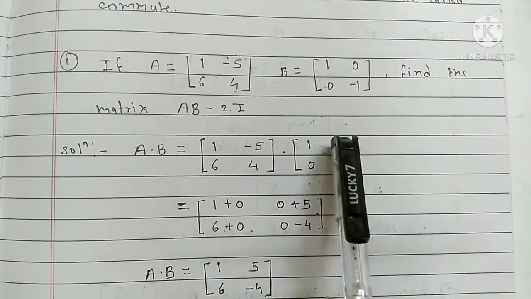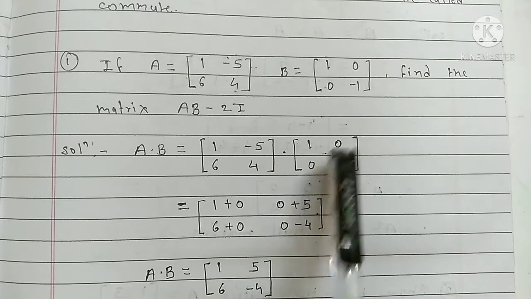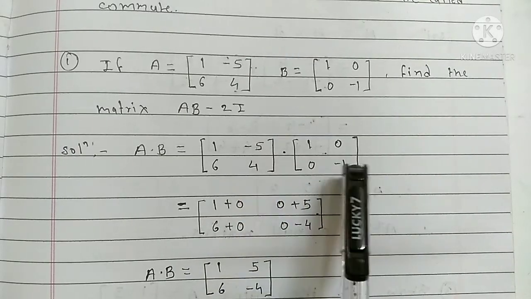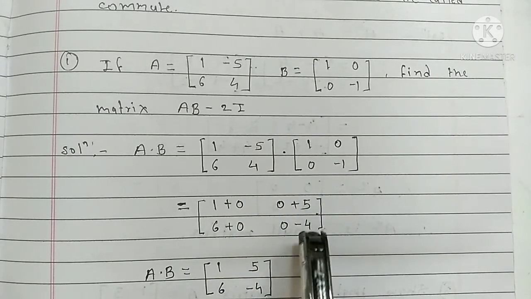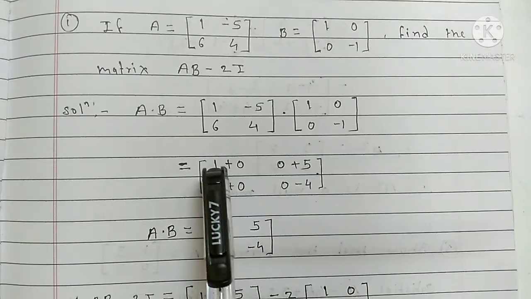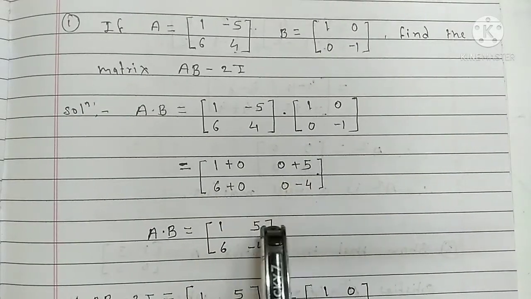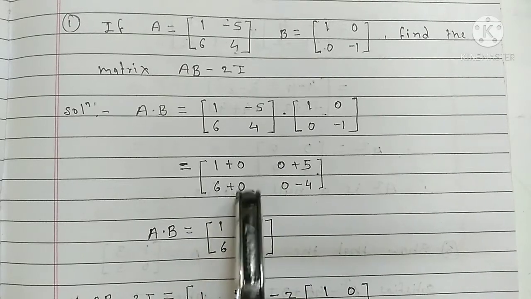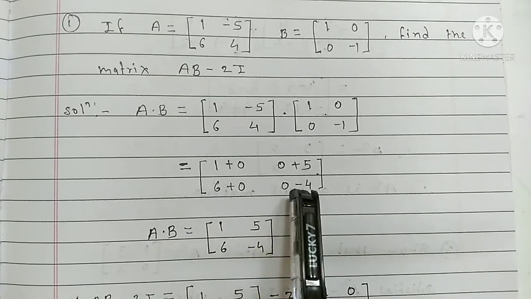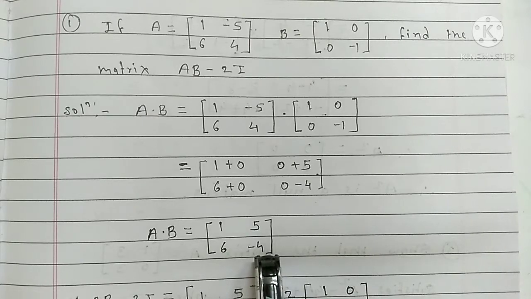Then, second row, second column. 6 into 0 is 0 and 4 into minus 1 is minus 4. So, 1 plus 0 is 1, 0 plus 5 is 5, 6 plus 0 is 6, 0 minus 4 is minus 4. So, this is our AB.